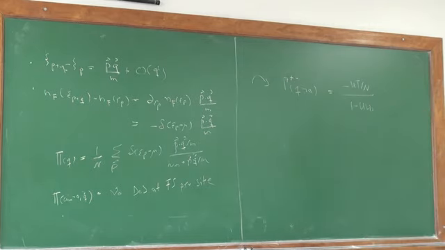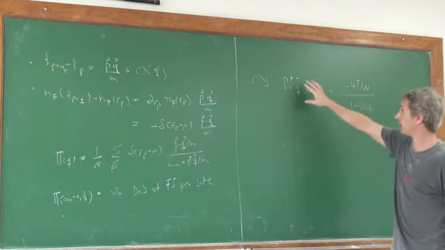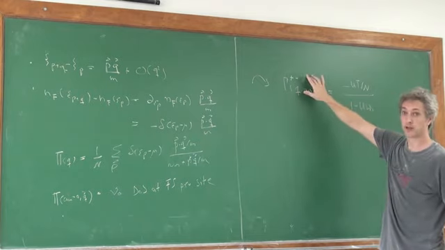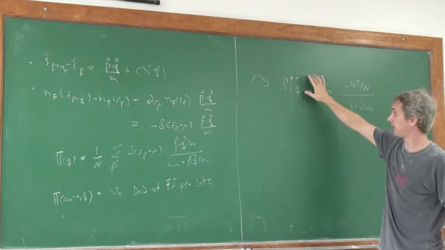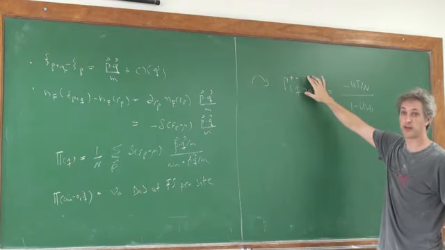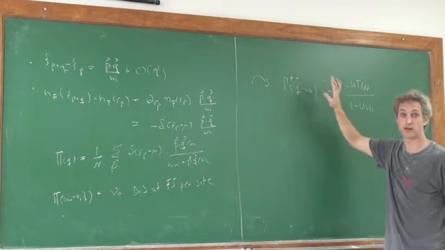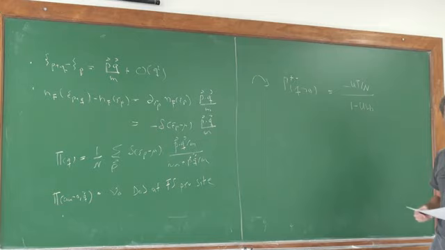Now we have figured out the vertex function, so we can put this into the susceptibility and calculate the transverse susceptibility that we were interested in.